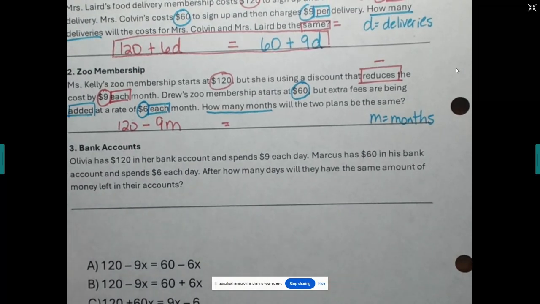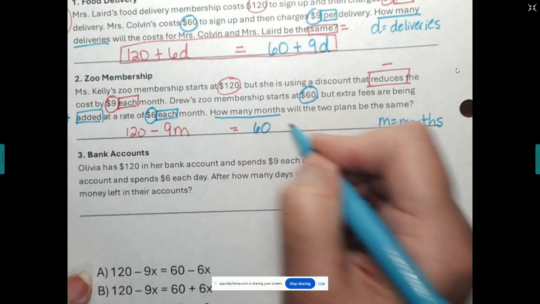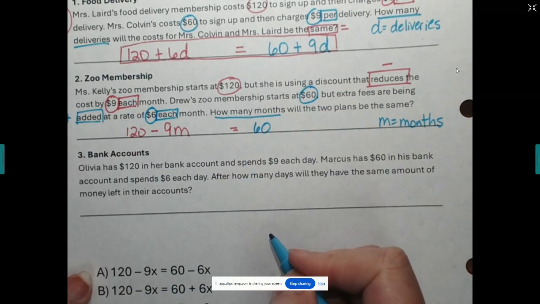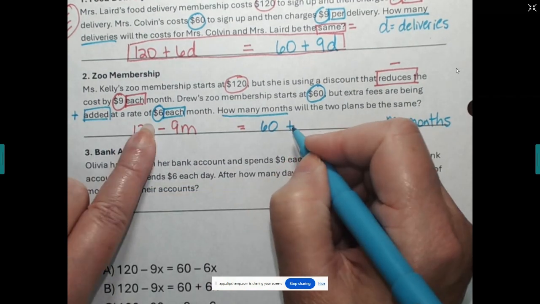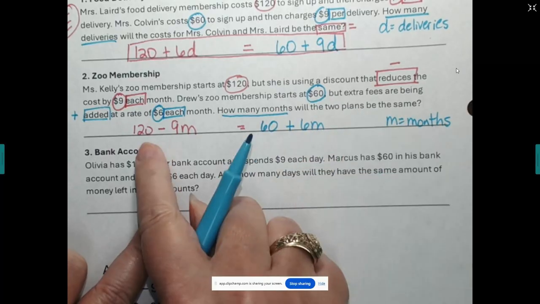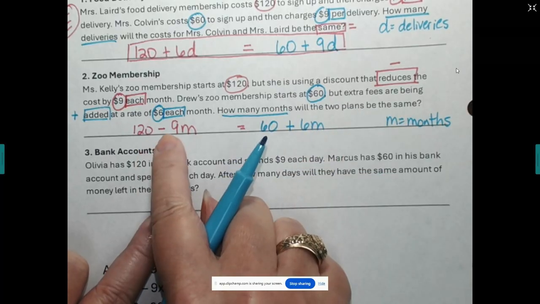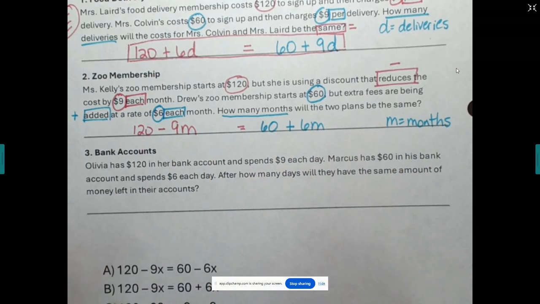All right, now the blue side. It says Drew's membership starts at $60, but extra fees are being added. So add $6 each, $6 per month. So 120 minus $9 per month, and then $60 plus $6 per month.